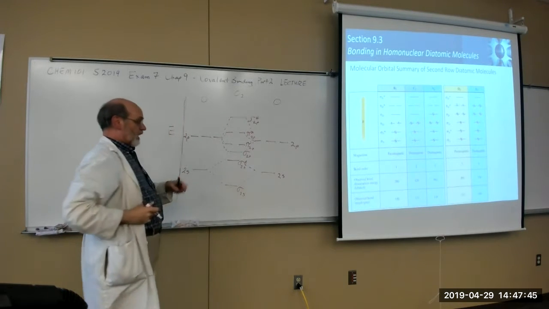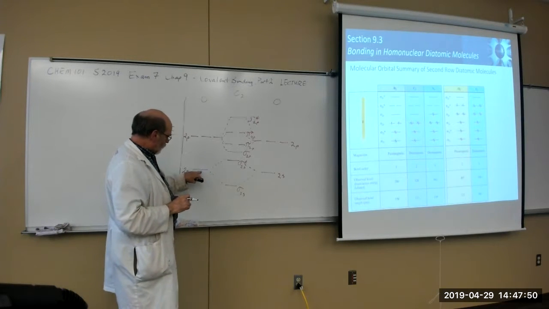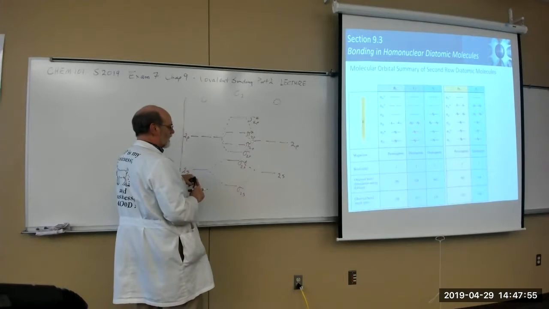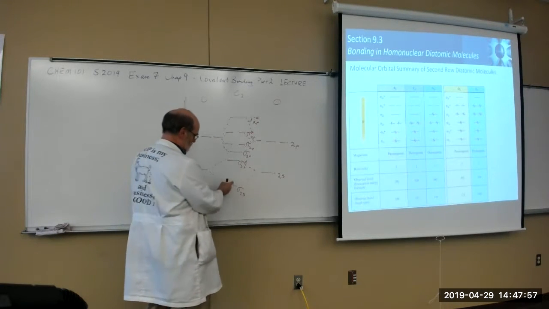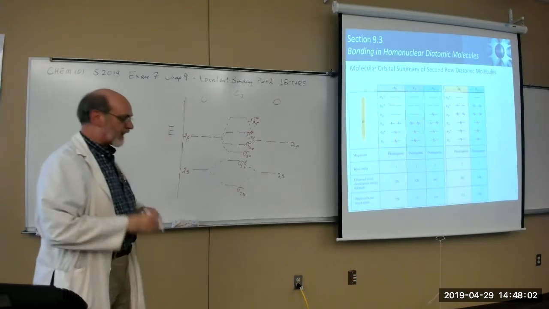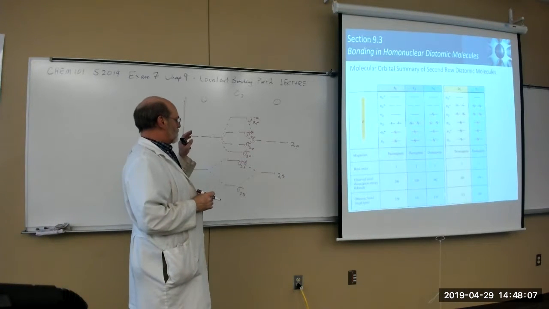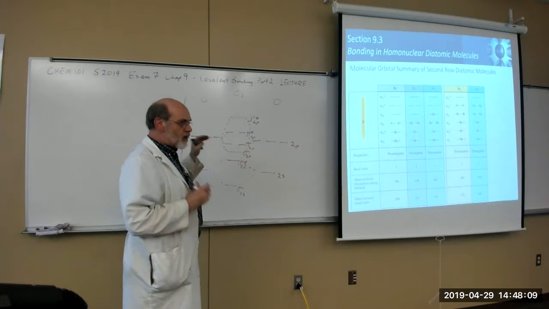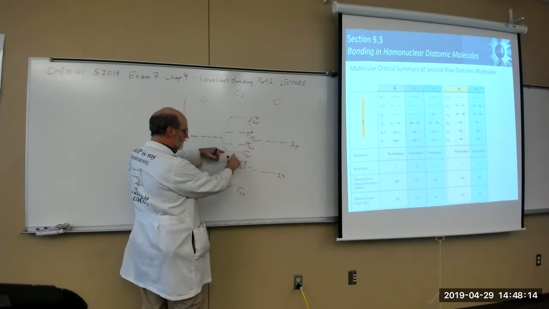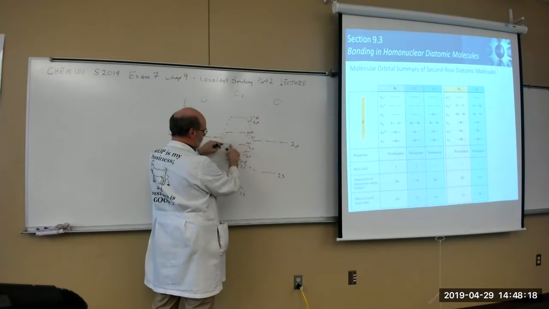Okay. First of all, let's check to be sure we have the right number. We started off with 1, 2, 3, 4, 5, 6, 7, 8 atomic orbitals, so we have to have 8 molecular orbitals. 1, 2, 3, 4, 5, 6, 7, 8. So that condition is met. This is how molecular orbitals look when there is no sp mixing. You have the sigma here, sigma star there, and the pi's in between.